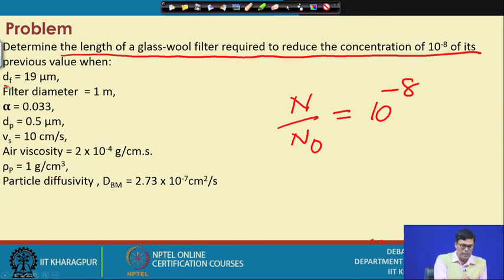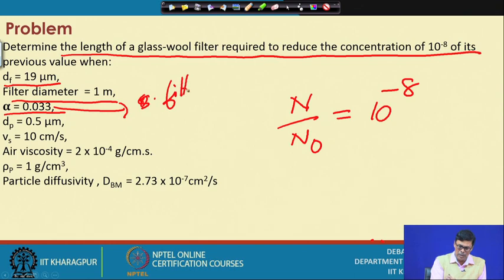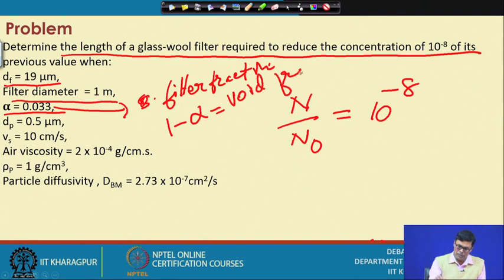Now, df, the diameter of the fiber, is 19 micron, the filter diameter is 1 meter, and alpha is the solid fraction of the filter. Solid fraction means, I told you, that 1 minus alpha is equal to the void fraction. Void fraction means free space.